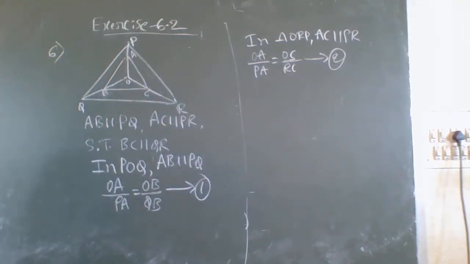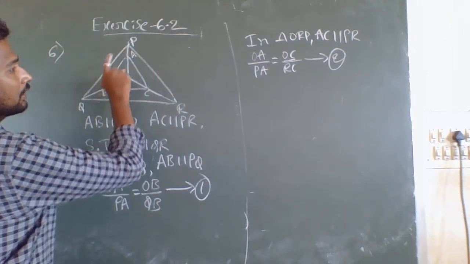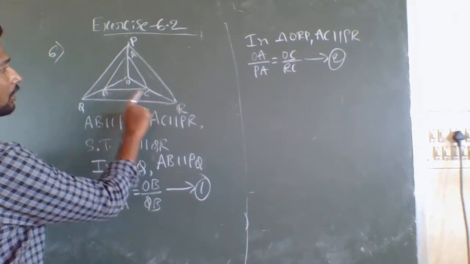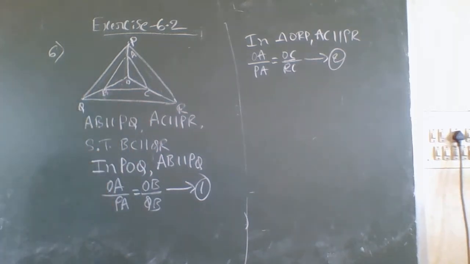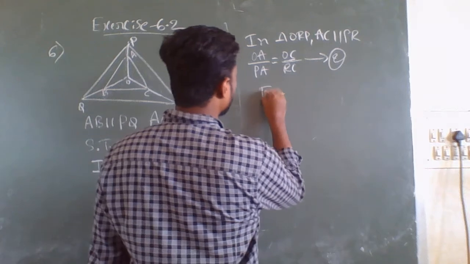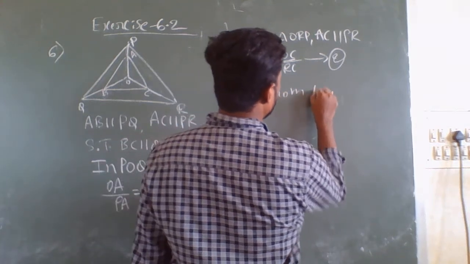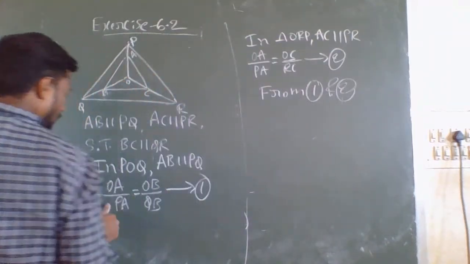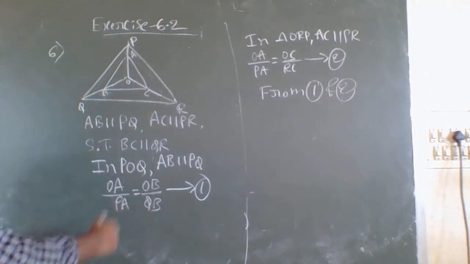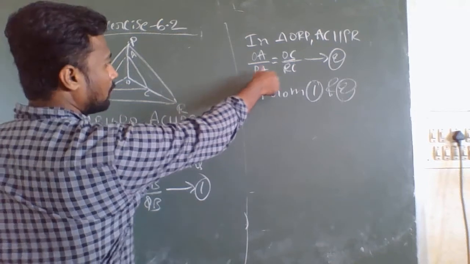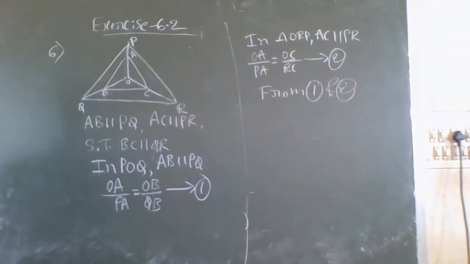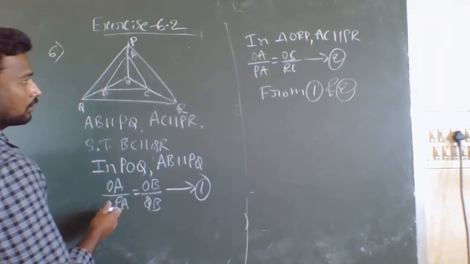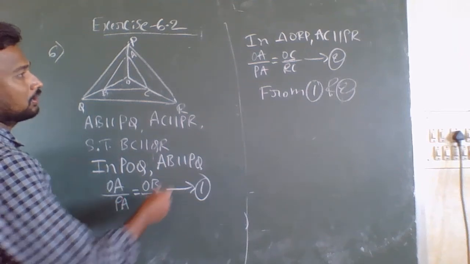Therefore, OA by PA is equal to OC by RC. This is the second one. Now, from 1 and 2, what can we write here? OA by PA is equal to OB by QB, and OA by PA is equal to OC by RC. So in both cases OA by PA is common.